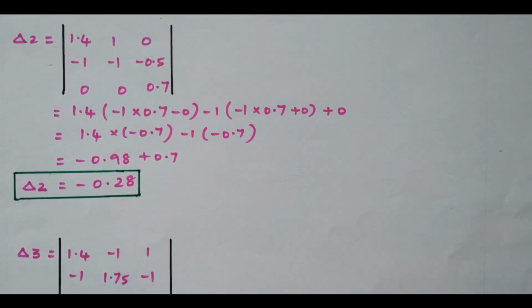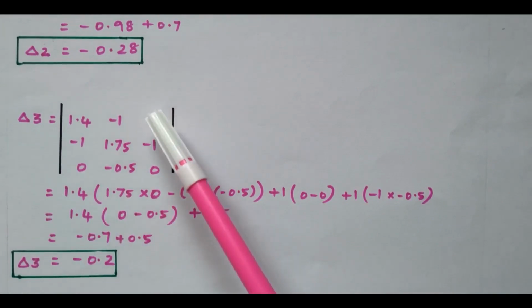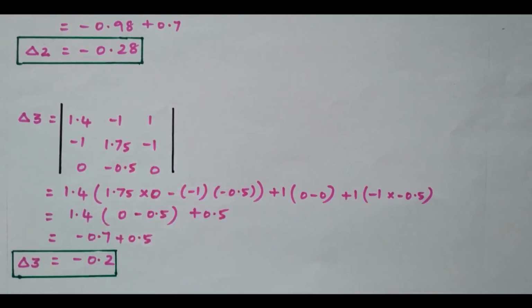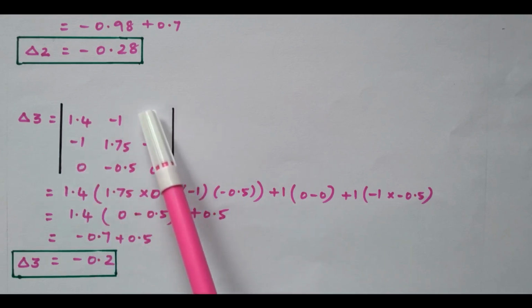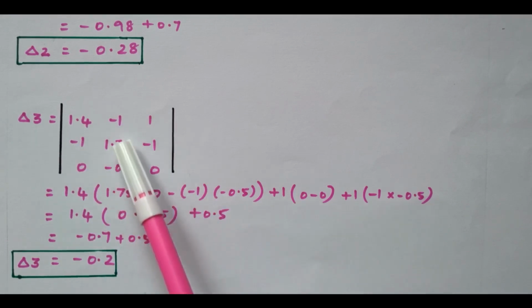Now we'll go to the delta 3. Delta 3 means the third column is replaced by the current matrix. So 1.4 into 1.75 into 0 minus minus 1 into minus 0.5. Then plus 1. Here negative is there, so it becomes plus 1. But both are 0. Minus 1 into 0, 0. This minus 1 into 0 also 0. Then the third element 1. Minus 1 into minus 0.5.